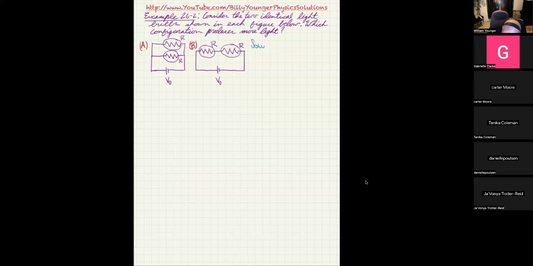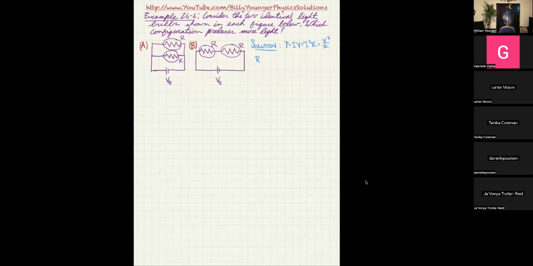Here's our solution. What I need to remind everybody of is that P is equal to IV, which is equal to I squared R, which is equal to V squared over R. That's kind of handy.